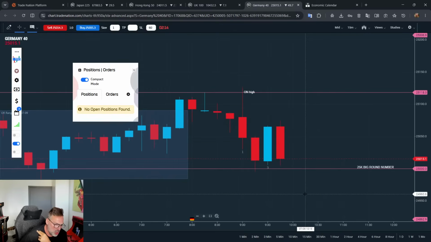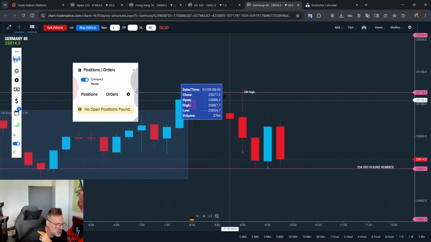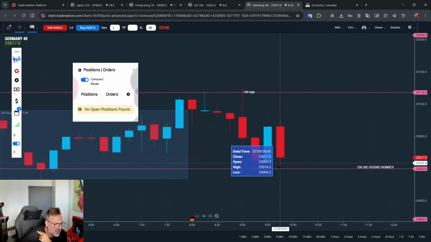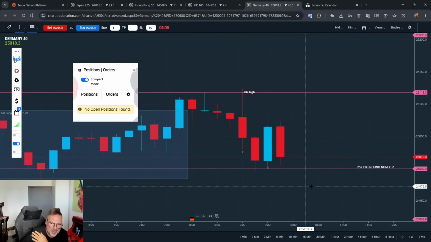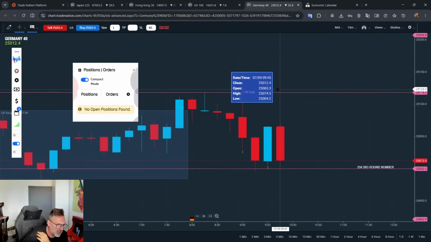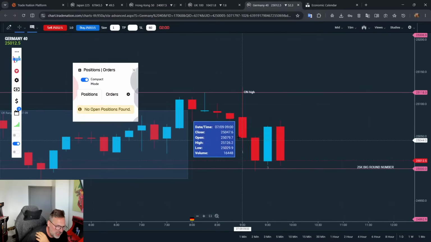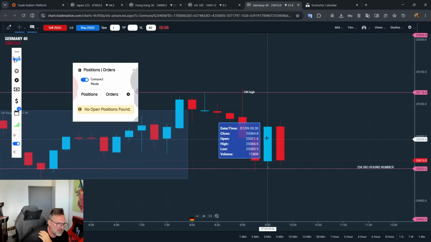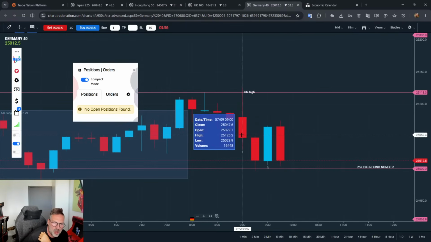So the low of the range, the 25K big round number, the top of the range, the overnight high. Okay? So if you trade a range, you want to buy low and sell high. Not fiddle in the middle. But that's exactly where the school run long signal came in.